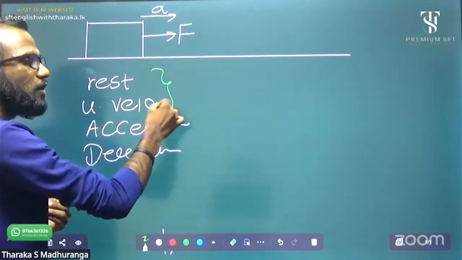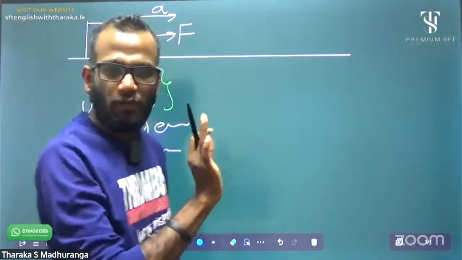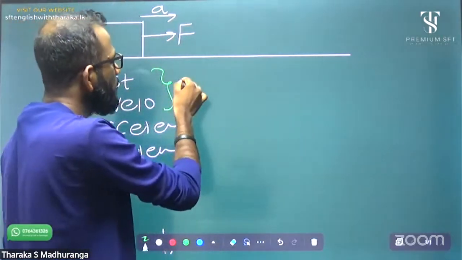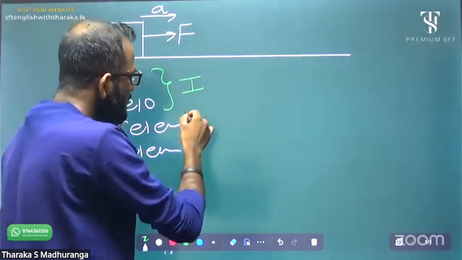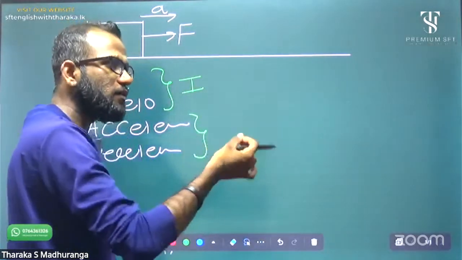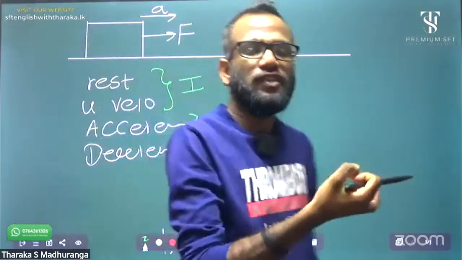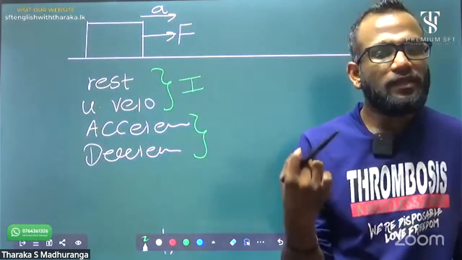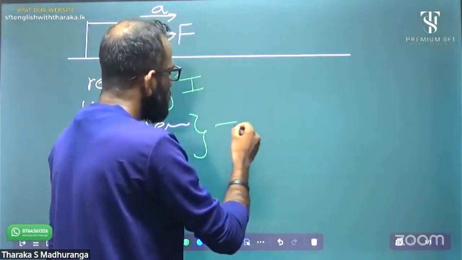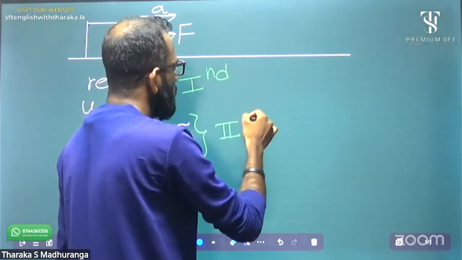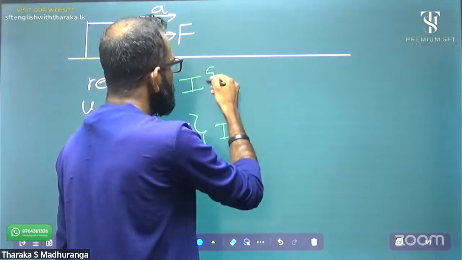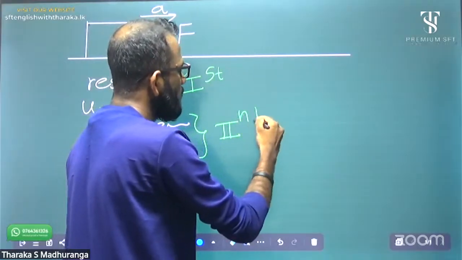Rest and uniform velocity objects are Newton's first law. Accelerating and decelerating objects, whose velocity changes with time, are explained in Newton's second law.